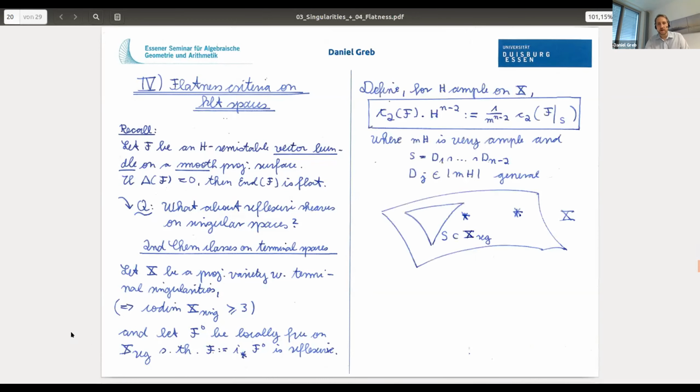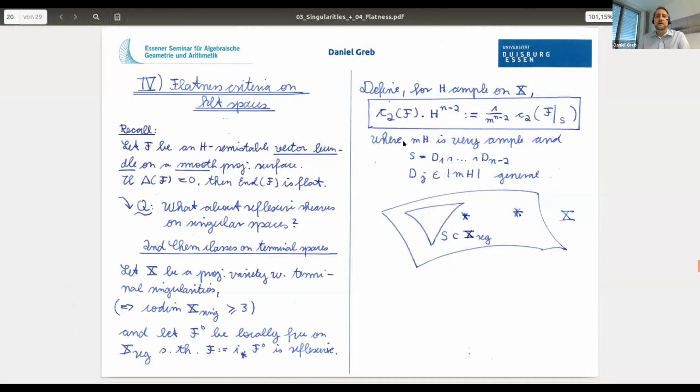So now I want to define C2. Well, C2 should be a class in H4, so I should be able to intersect it with n-2 copies of an ample divisor. So I define this number, which I call C2 of F times H to the n-2, for an ample H, by the same trick.